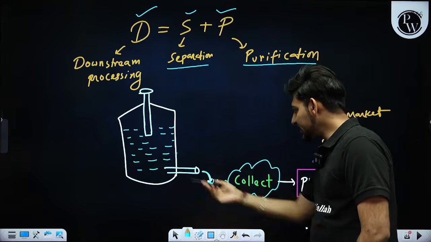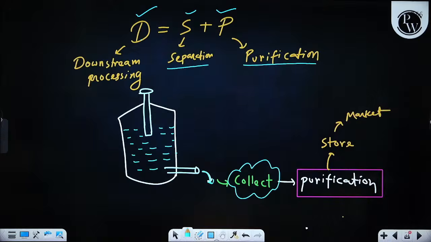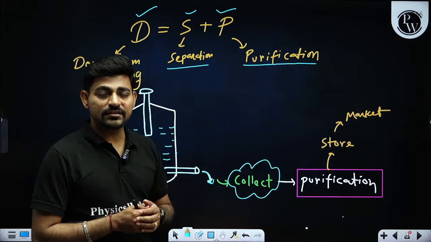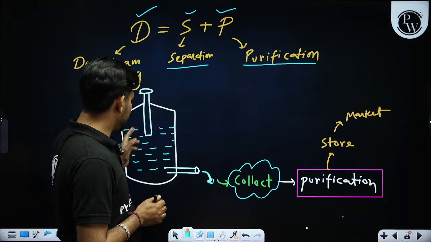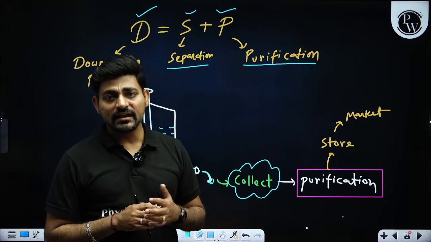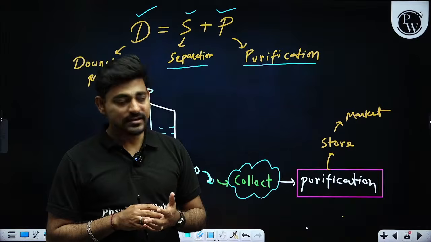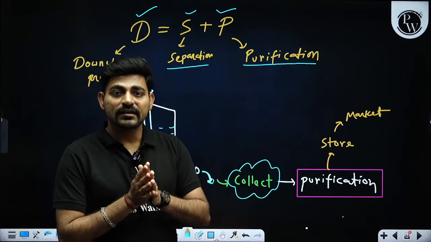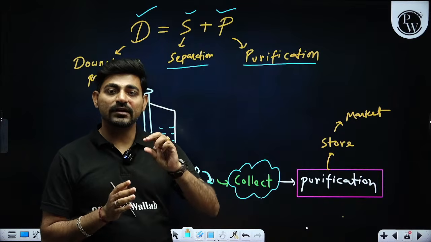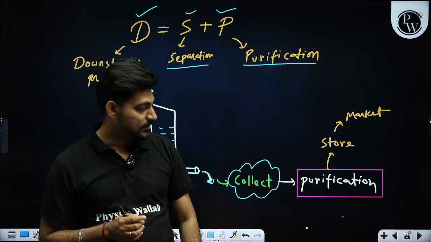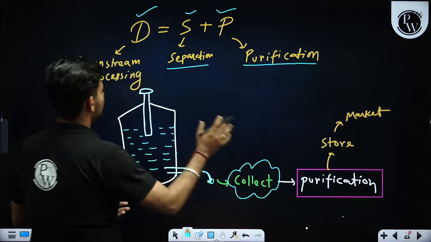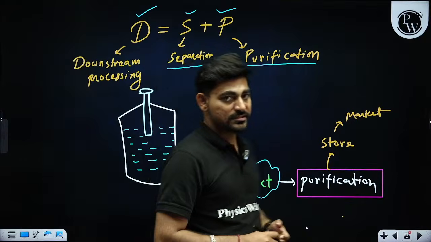So, you have to collect it and send the sample for purification, because inside that liquid medium you have the dead parts of cells and some impurities. So, you have to purify it, and then only you can store it and send the product to the market. So, the process of separation and purification is called downstream processing.